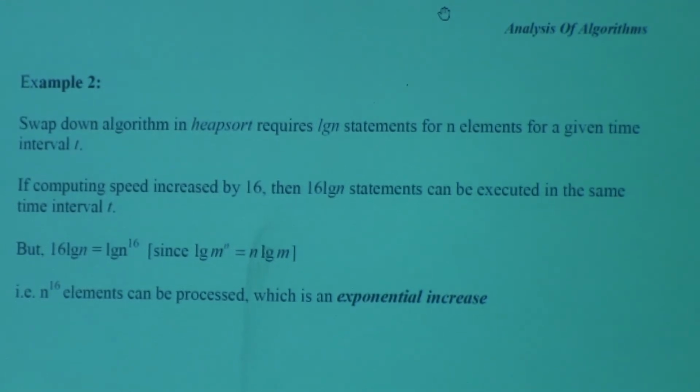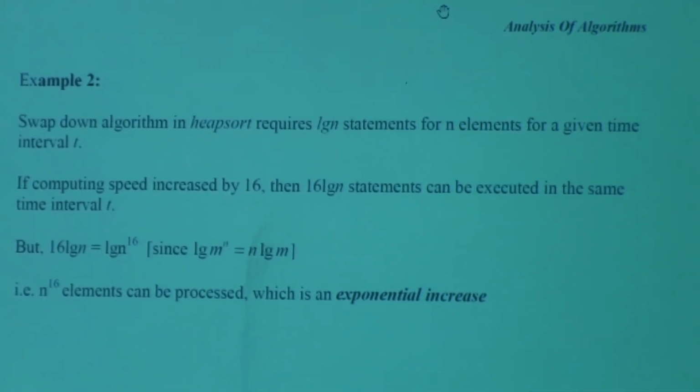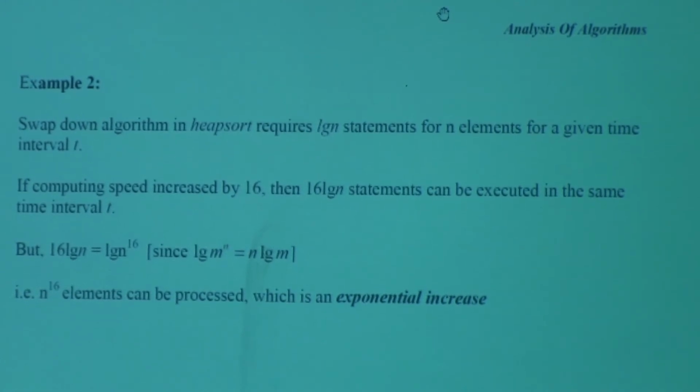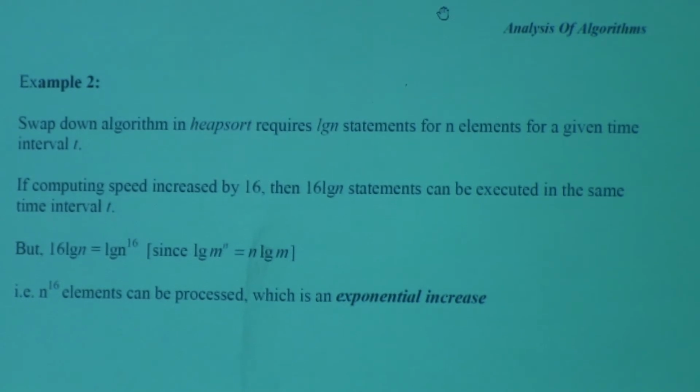So, what do we have so far? If the algorithm is quadratic, and we speed up the computer, we only gain a square root of speed up.